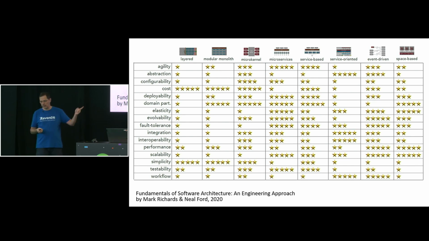This is from the book by Mark Richards and Neal Ford, a very good book about architecture. What you can see here is an attempt to grade various architectures on specific criteria. Let's look at the layered architecture. You will see that it has 5 stars for cost, which means that it's cheap and simple.